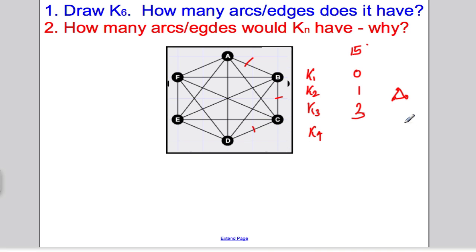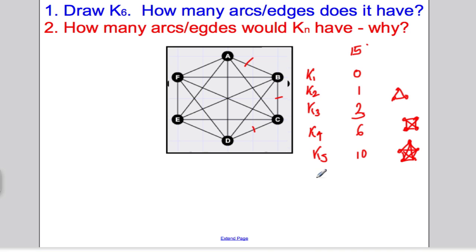What about K4? If you remember, K4 was like this. It had 1, 2, 3, 4, 5 and 6. And K5, it was like this. So it had 1, 2, 3, 4, 5, then it had 6 and 7, then it had 8 and 9, and I'm missing one here, it had 10.